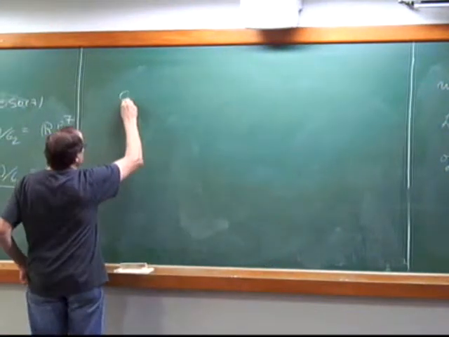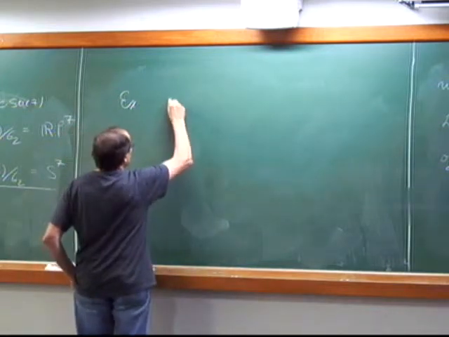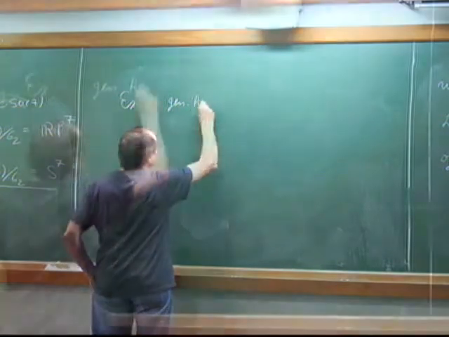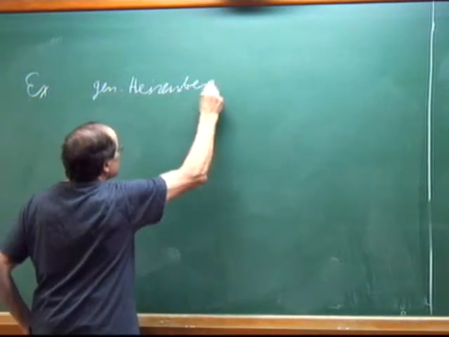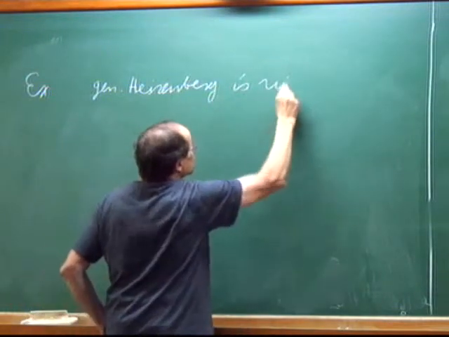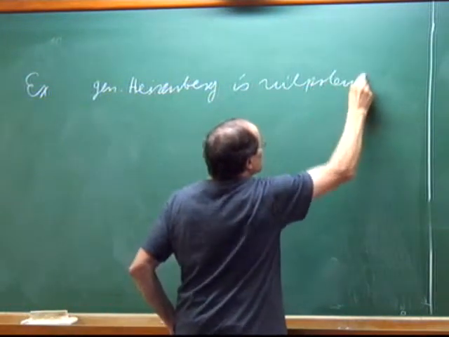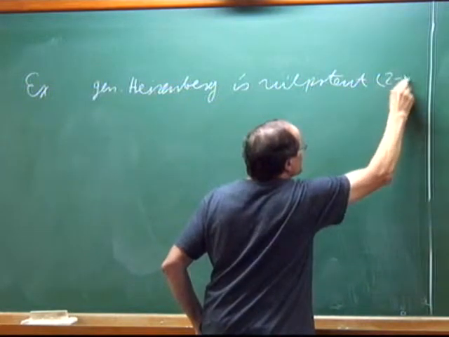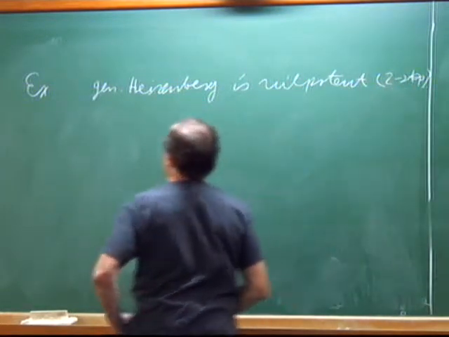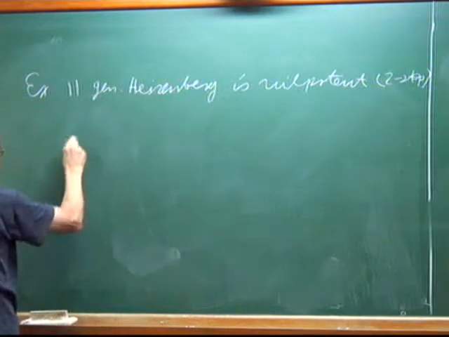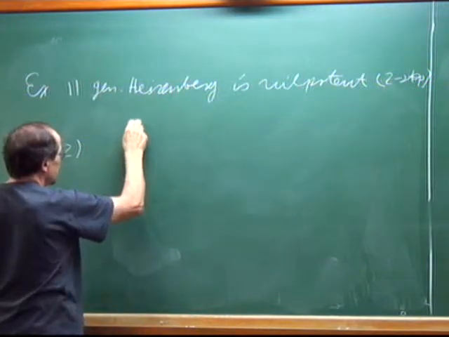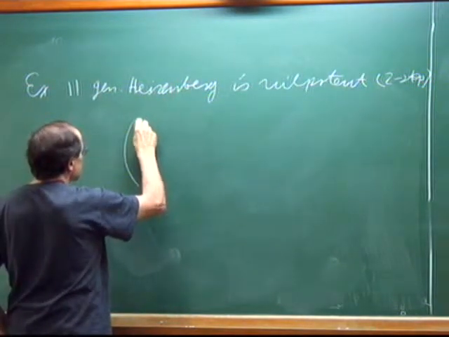Examples that we saw, certainly we saw one already: the generalized Heisenberg group is nilpotent, two-step. And the most important example is the upper triangular matrices.